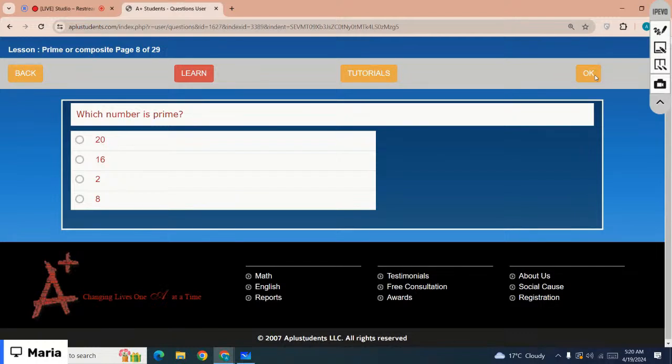Which number is prime? Yes, 2 is the prime number. The correct option is 2.